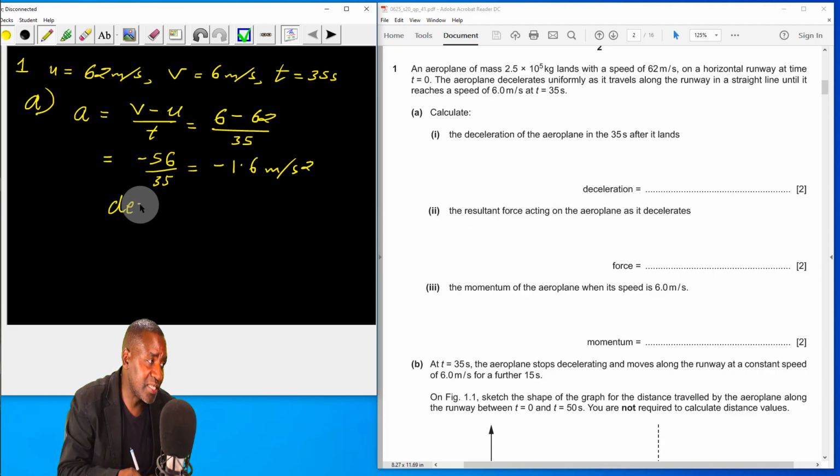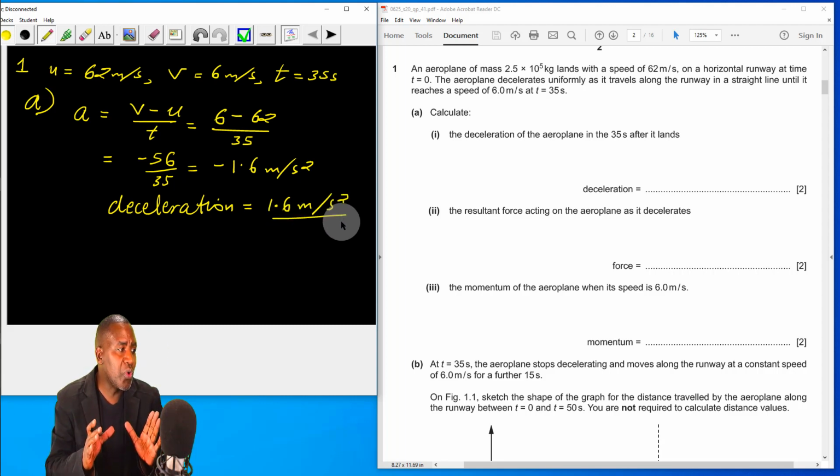I don't have to repeat the word deceleration because it's already written for us here. I just need to write the value: it's going to be equal to 1.6 meters per second squared. And here I've got to be careful to leave out the negative sign, because the negative sign has been taken care of by the word deceleration.